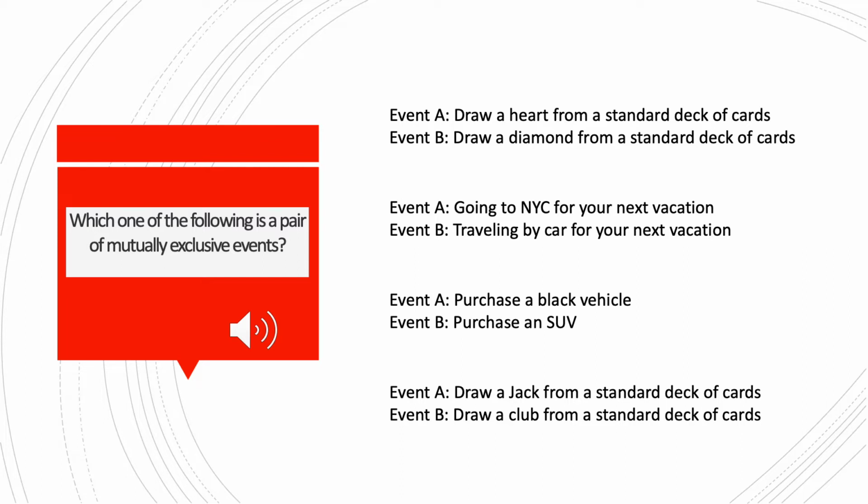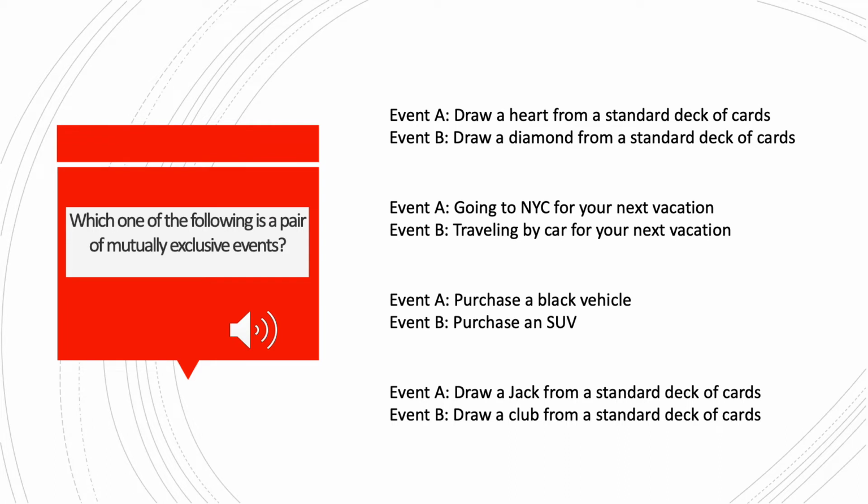The second option, going to New York City for your next vacation, traveling by car for your next vacation. What you want to ask yourself is, is it possible to go to New York City for your next vacation and also travel by car for that vacation? Event A, purchase a black vehicle. Event B, purchase an SUV. Is it possible to purchase a black vehicle that is also an SUV?